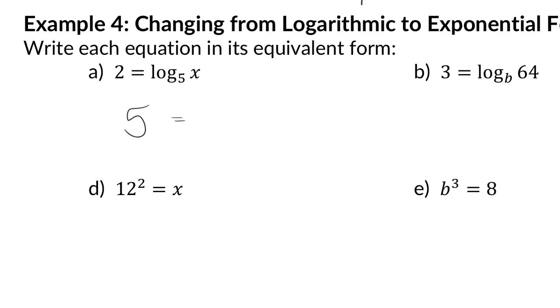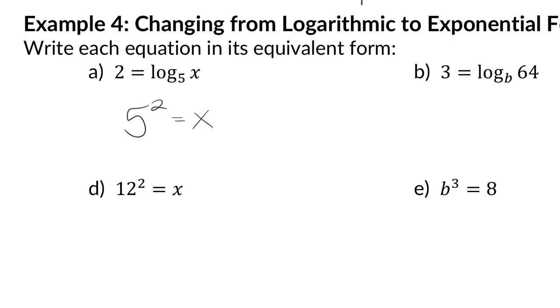After that, I have to switch what was the input and the output. What is currently the output for this equation? 2. That becomes the input. What was the input a second ago? Becomes the output. We've looped them. Inputs and outputs switch since they are inverse functions.